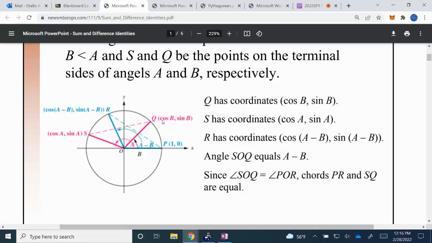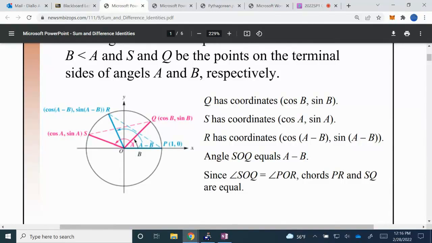So Q has the coordinates cosine B, sine B. S has the coordinates cosine A, sine A. So here is S, the terminal side for angle A. We also have R. Here is R, the terminal side for the A minus B angle, so it has the coordinates cosine of A minus B and sine of A minus B.